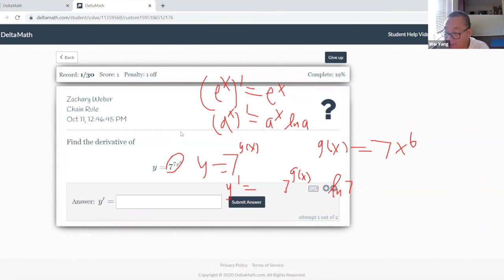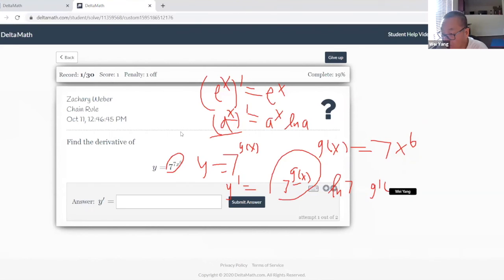So say here, this one is exactly the same as this, but the only difference is here, this x is the final variable, but here gx is the middle variable, it's not the final variable. So that means we still need to use chain rule. So this is the derivative of the 7 to the gx, but gx also needs derivative.